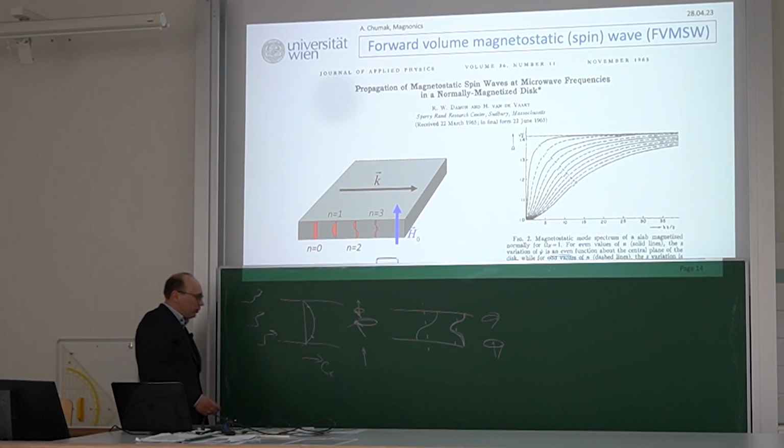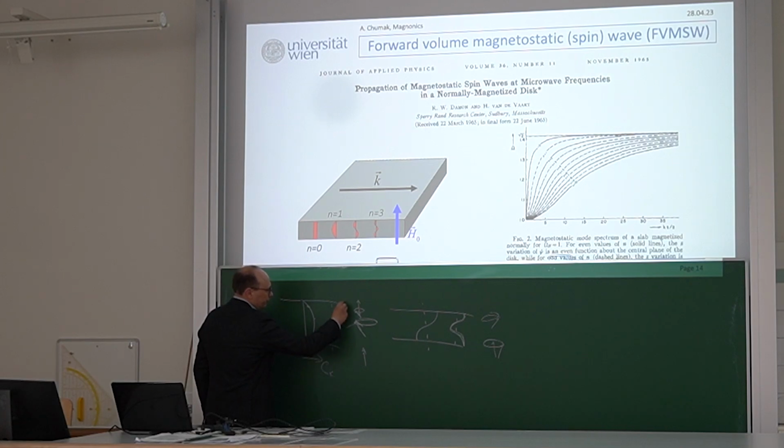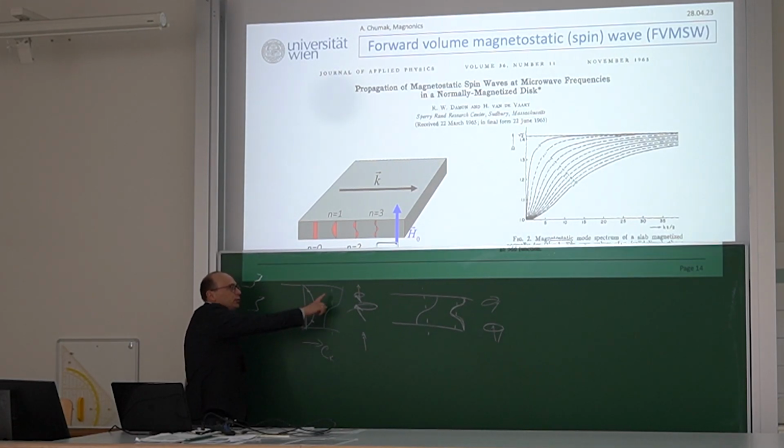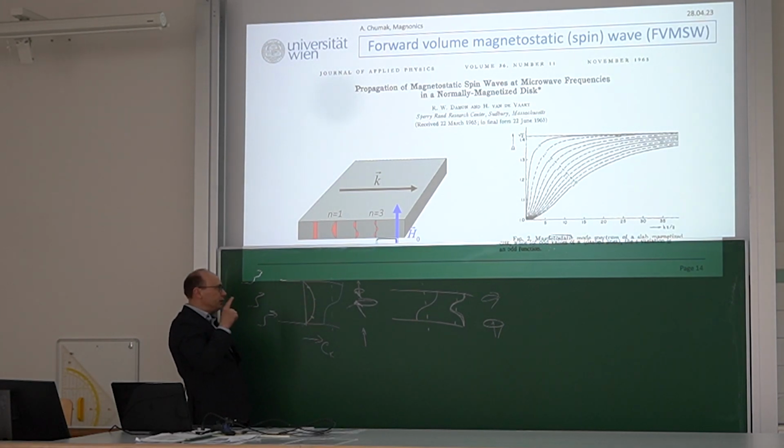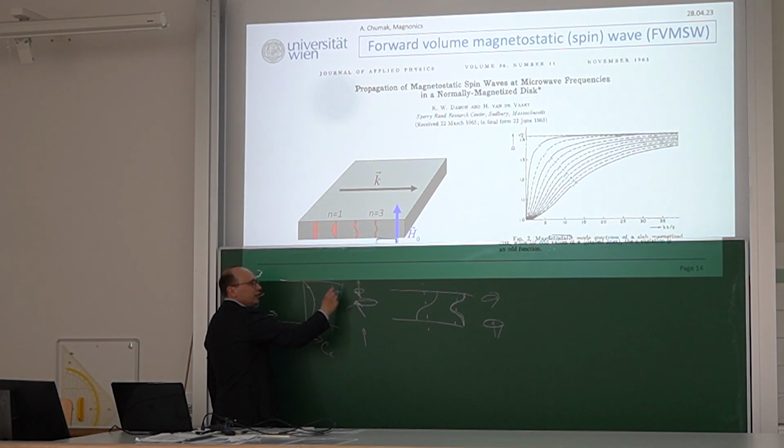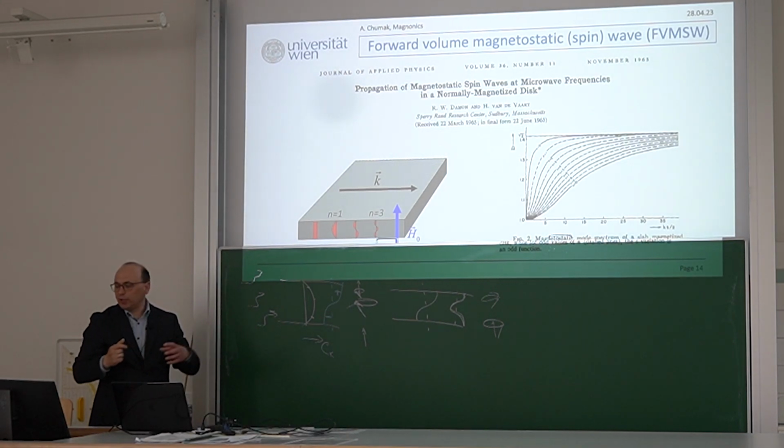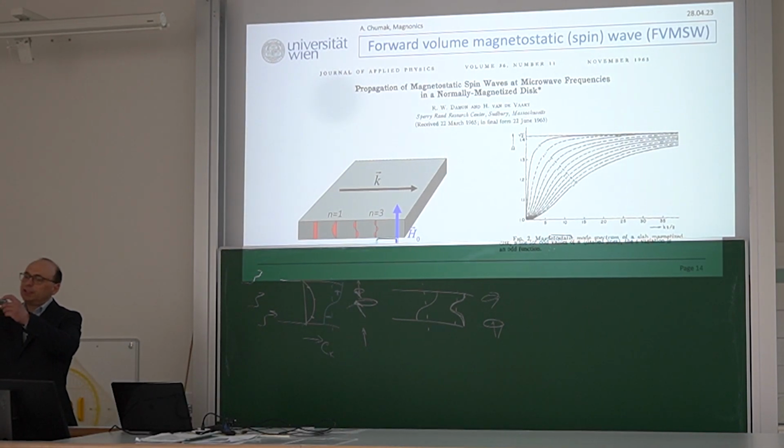Now, if you go to the second mode, what happens is these two are in antiphase. So if you irradiate it with a uniform field, you want to excite this one to precess with one phase, and this one with the opposite. You are kind of trying to pull the spins in one direction and another simultaneously, and then it stays.